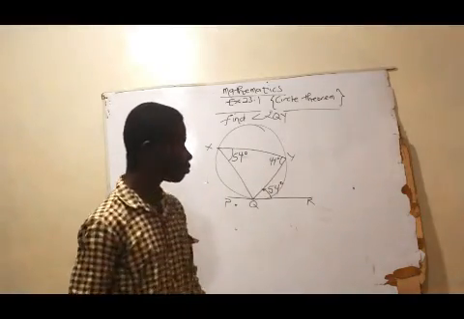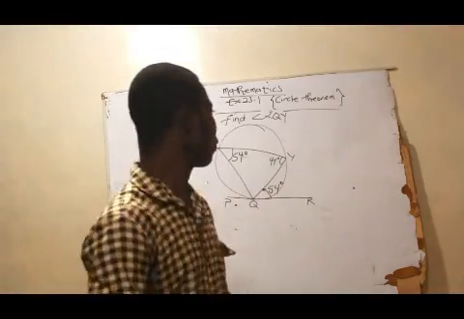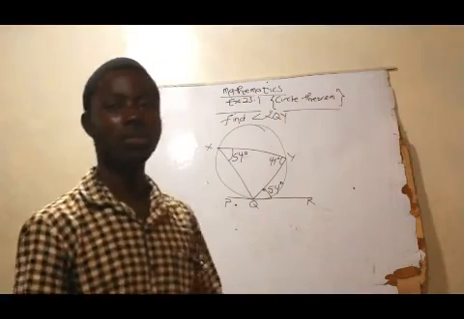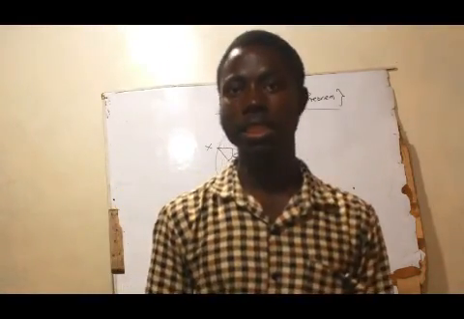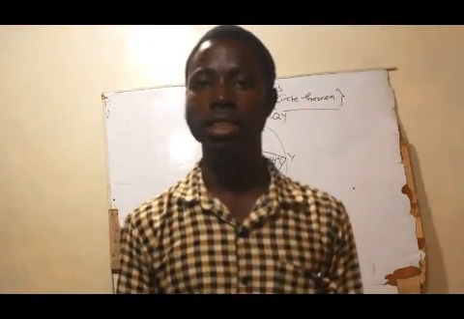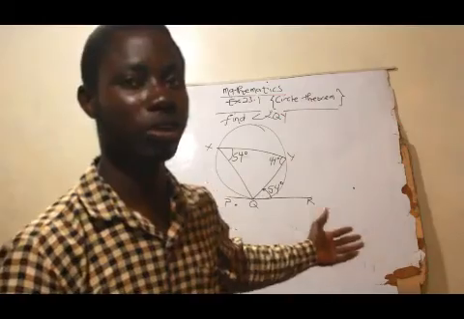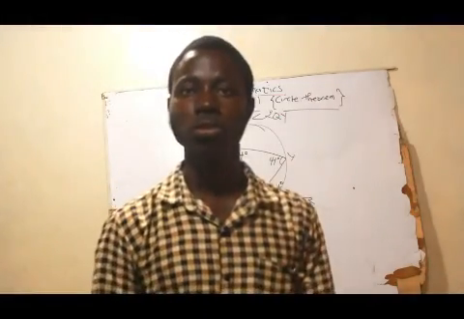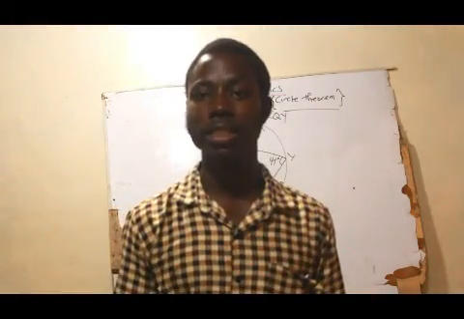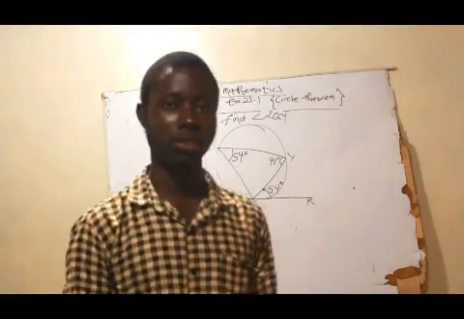Now that we have angle YSQ, we have a triangle, and two of the angles in the triangle have been found. So it is easy to get the other angle. How do we get it? We sum up the two angles and deduct from 180, because the sum of interior angles in a triangle is 180 degrees.